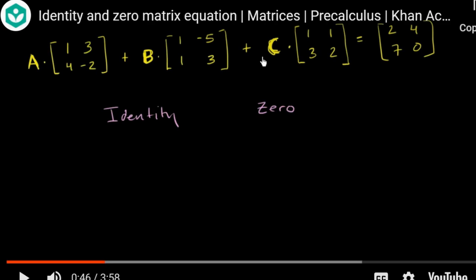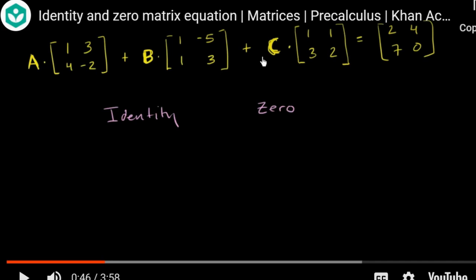So we would just totally ignore that and add these two together. If B and C are both identity, that means they're being multiplied by 1. So 1 plus 1 is 2, negative 5 plus 1 is 4, 1 plus 3 is 7, 3 plus 2 is 0. Well, that didn't work. So B and C must not both be identity with A being 0, because if we add these 2 matrices together, we don't get that answer.